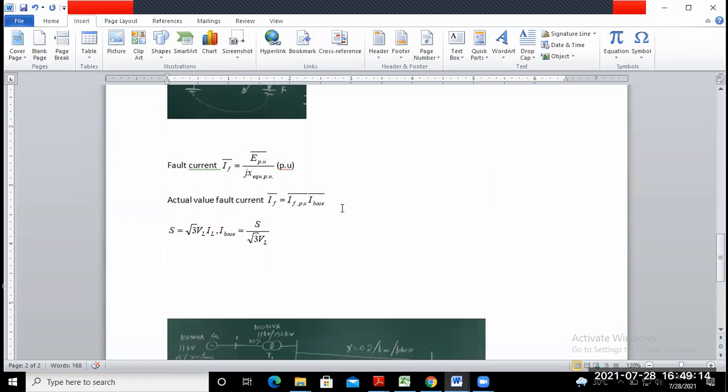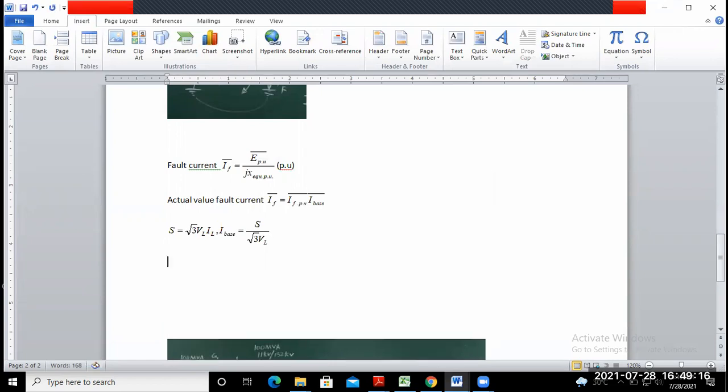Now, if you want to find the short circuit MVA, the capacity of short circuit MVA, how can you find it? MVA means voltage into current, the product of voltage and current, as you see from the unit of MVA.